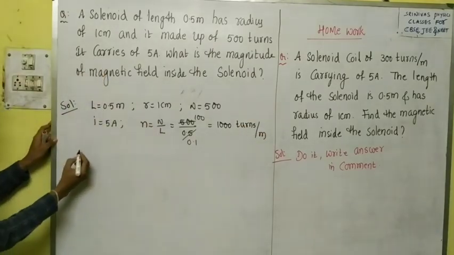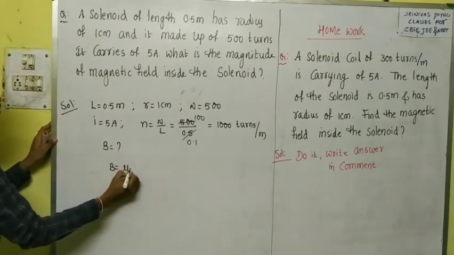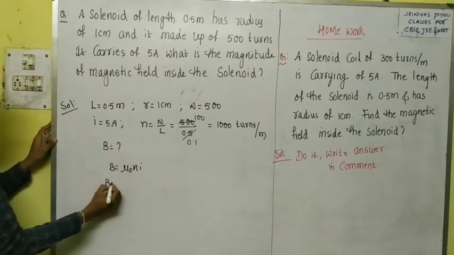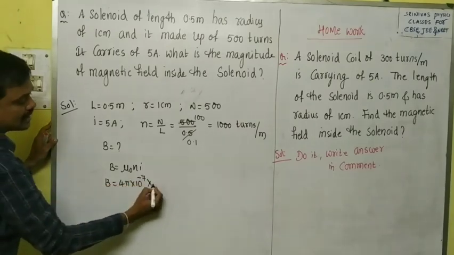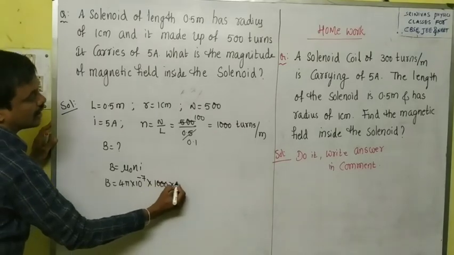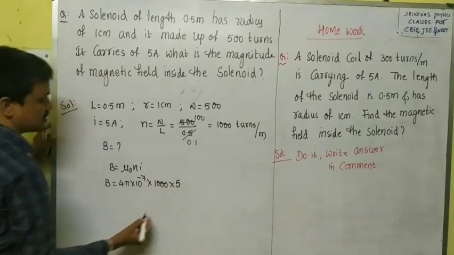Then what they are asking is the magnetic induction inside the solenoid. The formula is mu naught n i. We substitute all values in this. Mu naught is 4 pi into 10 to the power of minus 7. Small n is 1000. The current is 5 ampere. It is very simple.